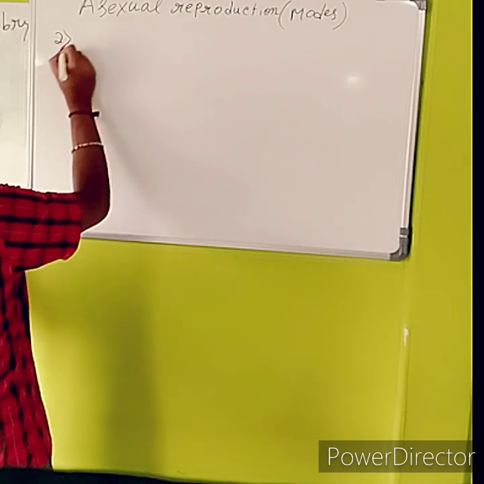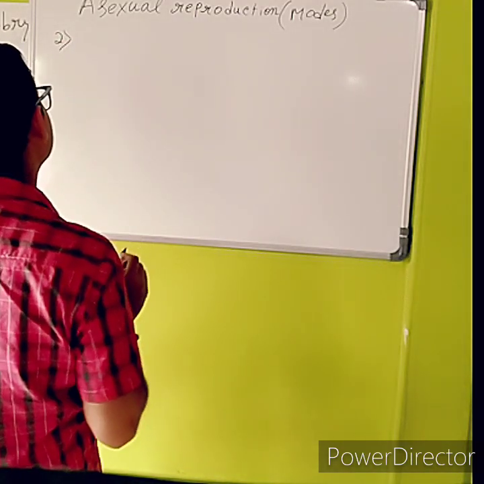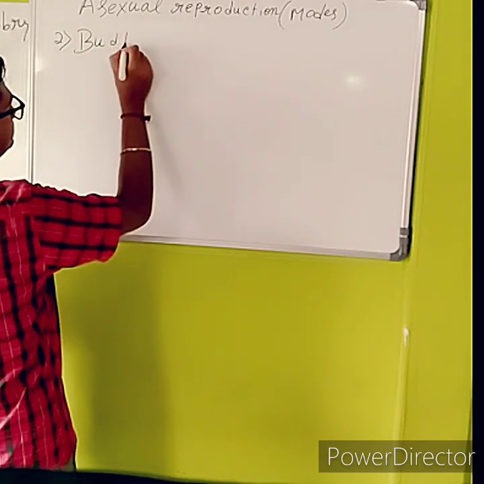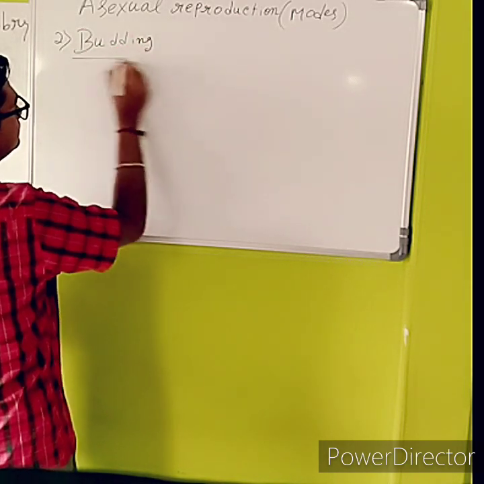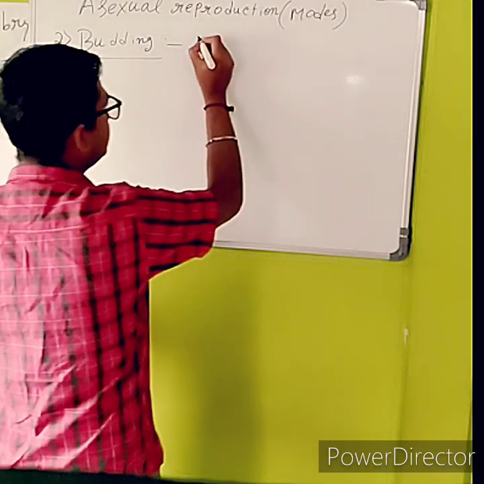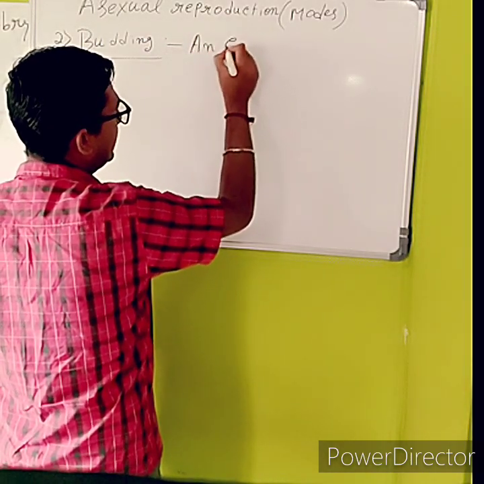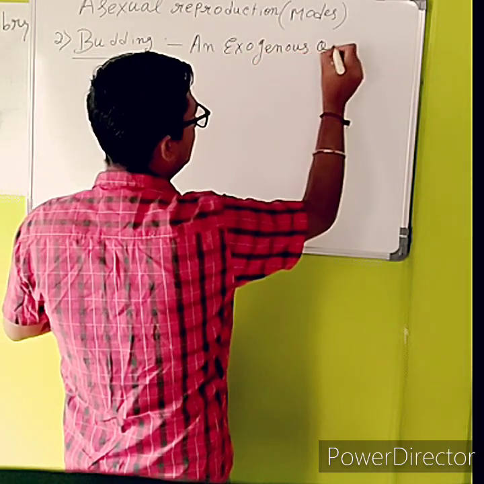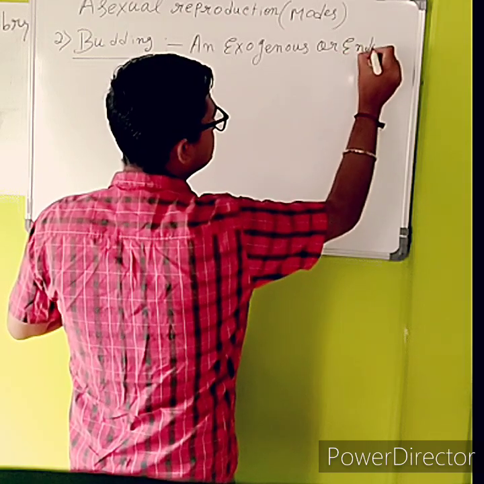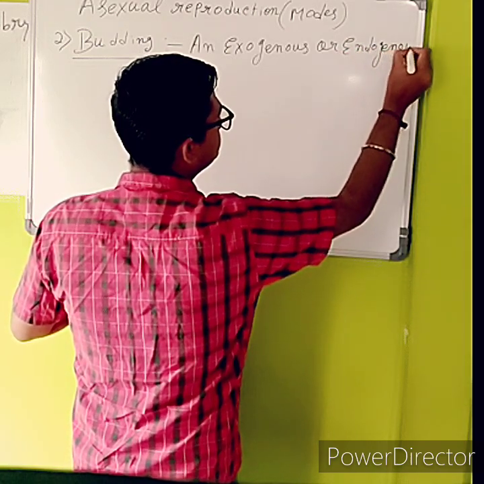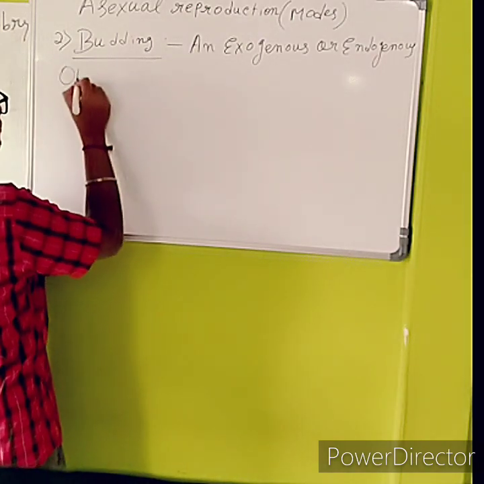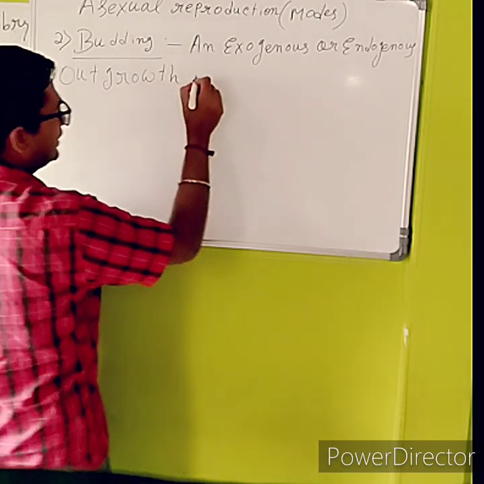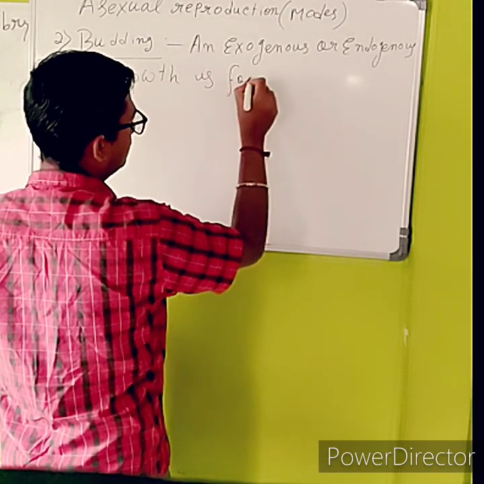The second mode of asexual reproduction is budding. It is another mode of asexual reproduction observed in organisms. During budding, an exogenous or endogenous outgrowth or protuberance is formed. Exogenous means outside of the body and endogenous means inside the body.